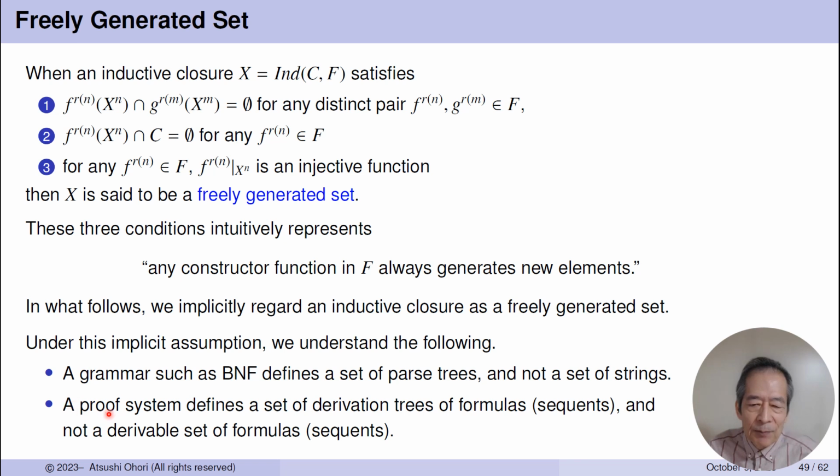Similarly, a proof system defines a set of derivation trees of formulas or sequents, and not a derivable set of formulas or sequents. Sequents are just logical sentences. This is a terminology denoting some statement in a logical system, right?